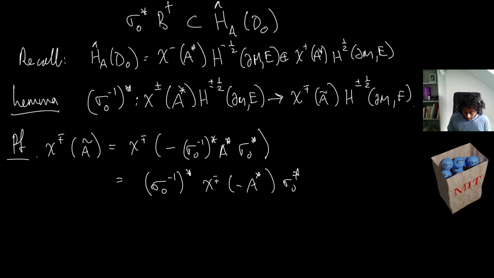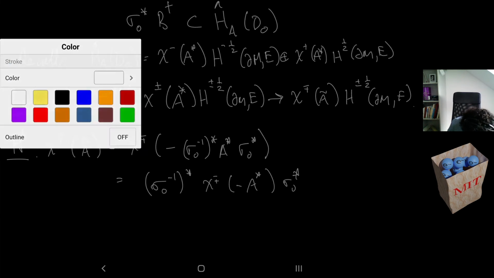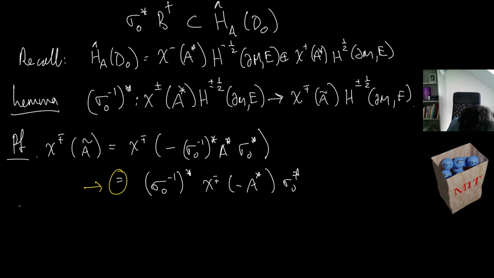I should say, zeta minus u inverse T u inverse is equal to u zeta minus T u inverse. All right, so this is something we mentioned very early on.